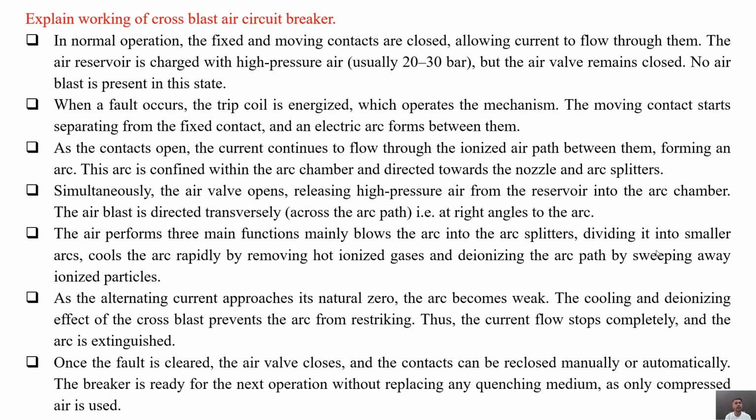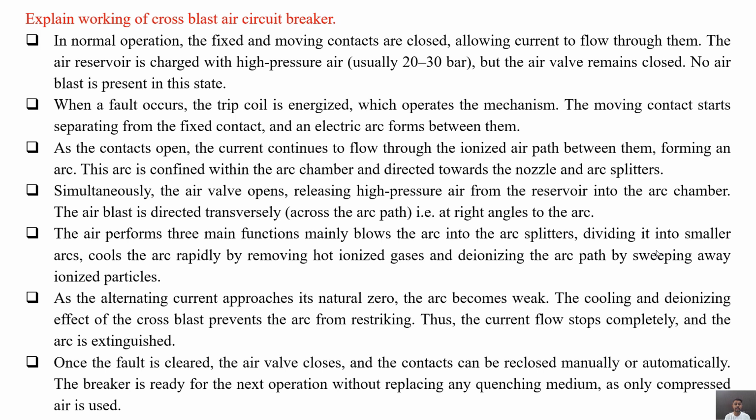the ionized particles. Now, as the alternating current approaches its natural zero, the arc becomes weak. The cooling and deionizing effect of the cross blast prevents the arc from restriking. Thus, the current flow stops completely and the arc is extinguished.